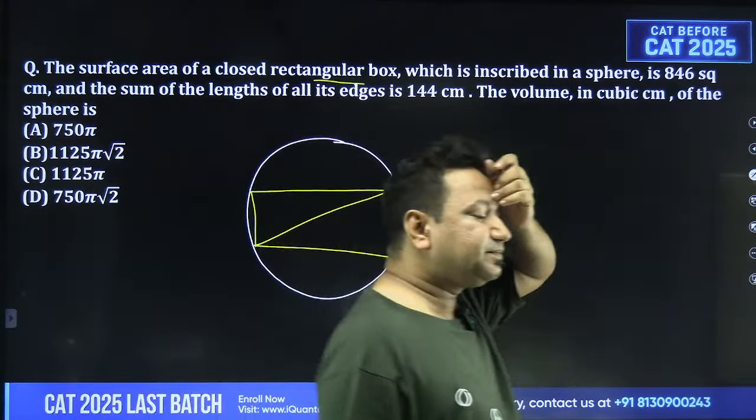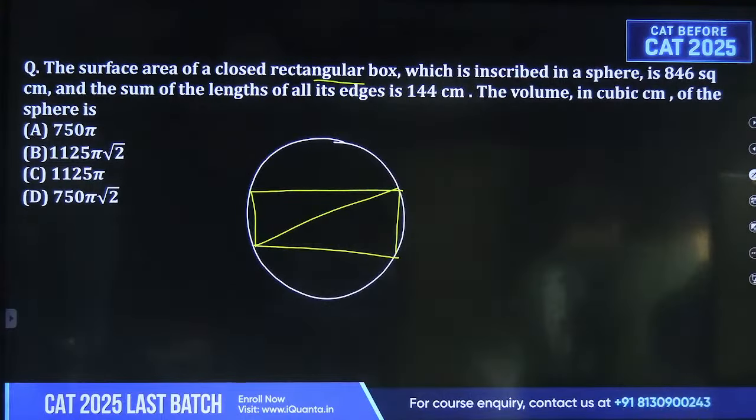Is that clear? All of you? The body diagonal of the cuboid will be equal to the diameter. This is the most important part which we need to know.